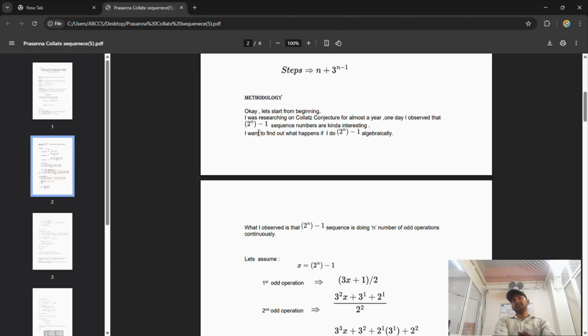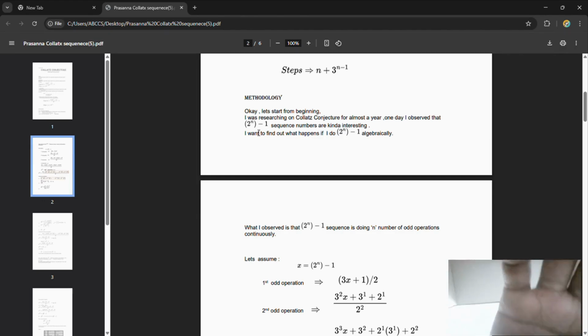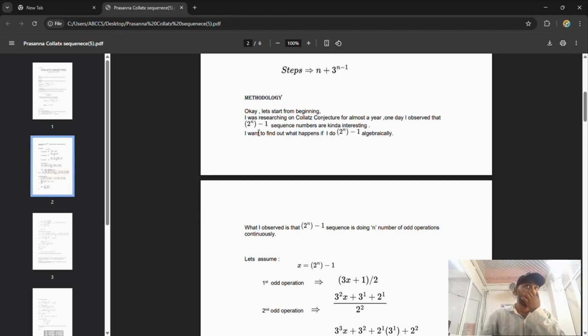In the meanwhile, I found out that for the 2 to the power of n minus 1 sequence, with n as a natural number, we can do continuous odd operations on that sequence.